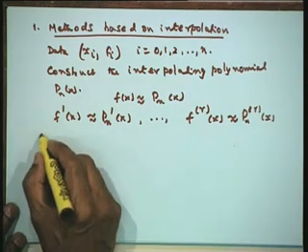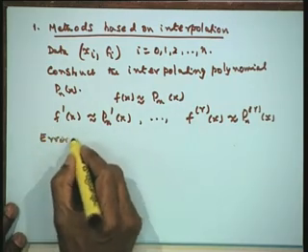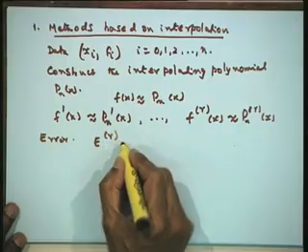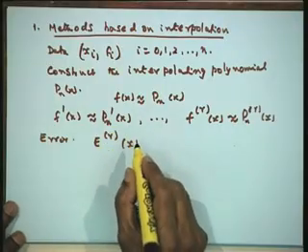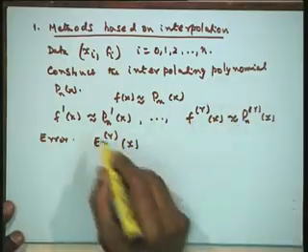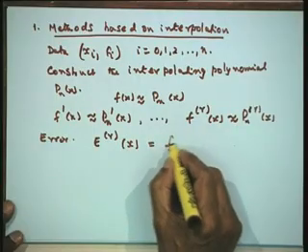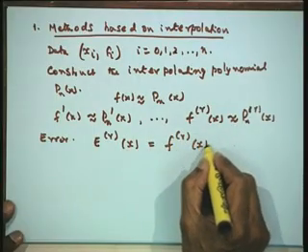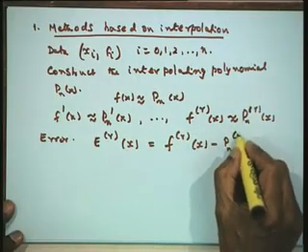Then we define the error also as E, with superscript r to define the order of the derivative that we are taking, and that will be equal to f^(r)(x) minus Pn^(r)(x).